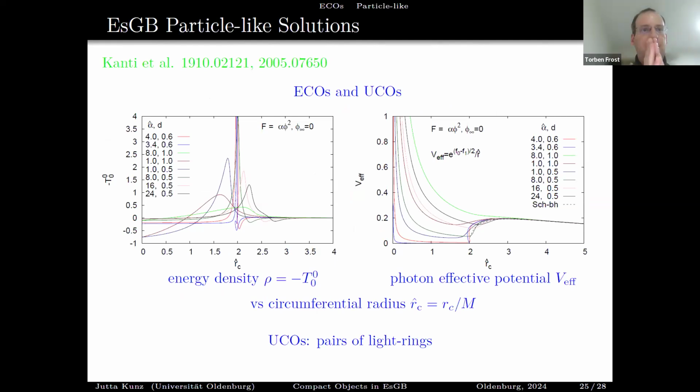So when you have the regular Boyer-Lindquist coordinates for the Kerr black hole, and for a certain range, you have basically photon orbits at the position of the horizon, because in the Boyer-Lindquist coordinates they're projected there. Do you know if something like that also exists for these Einstein-Gauss-Bonnet cases?